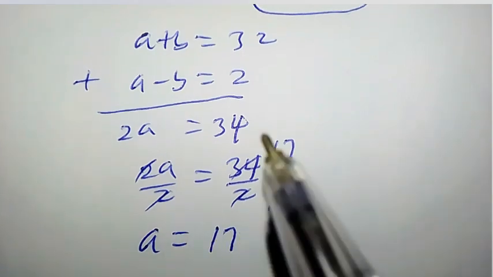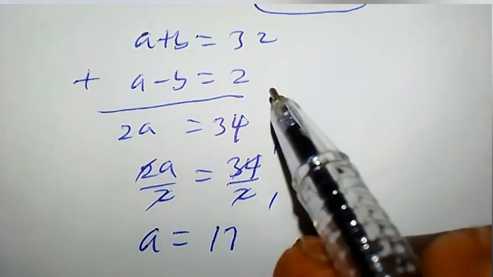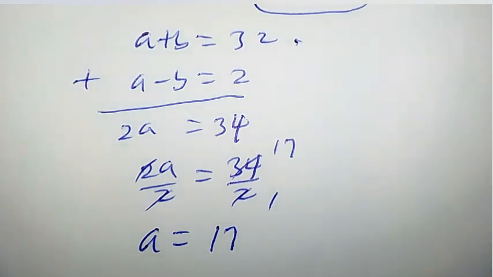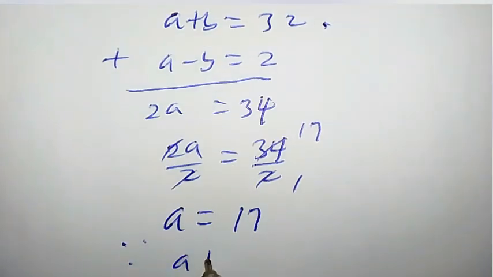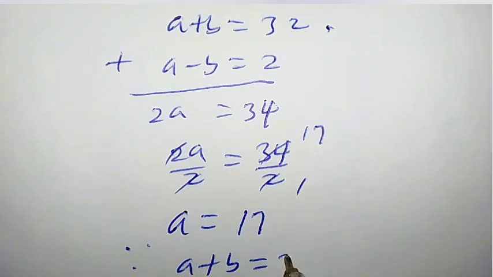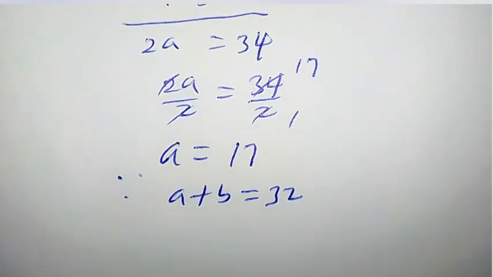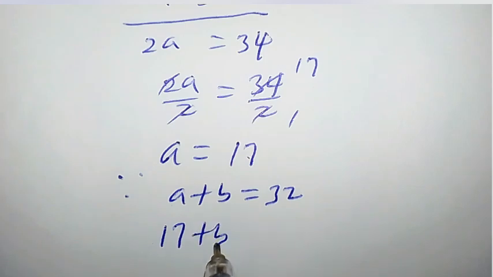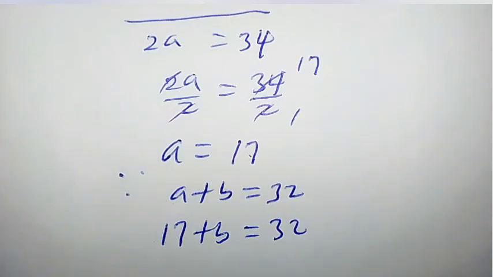Now, substituting this value of a into any of these, let's use the first one. Since a plus b equal to 32, and a is 17, so 17 plus b equal to 32.